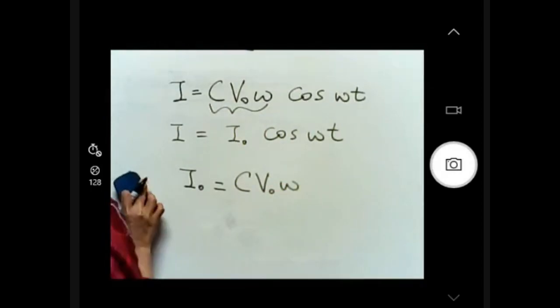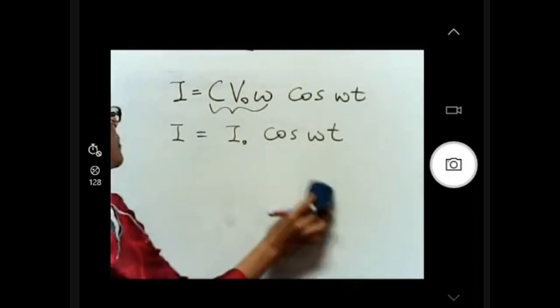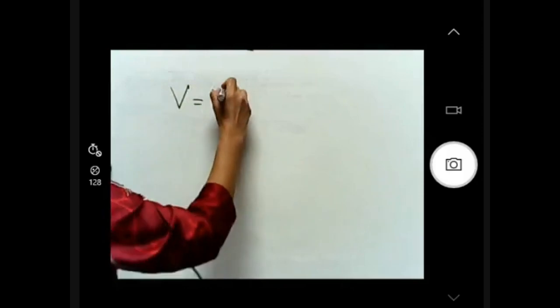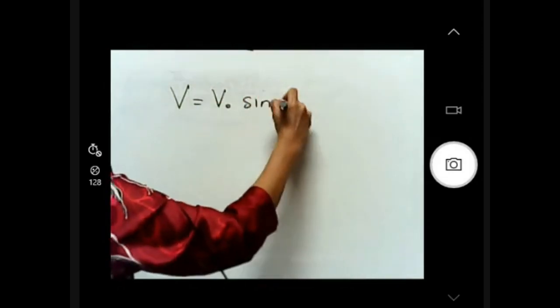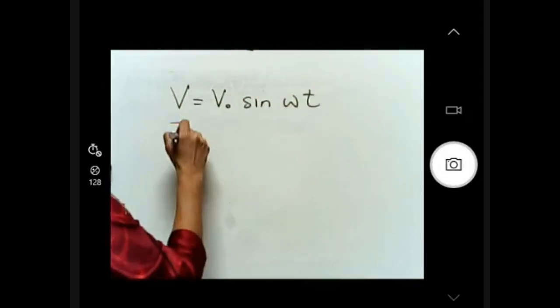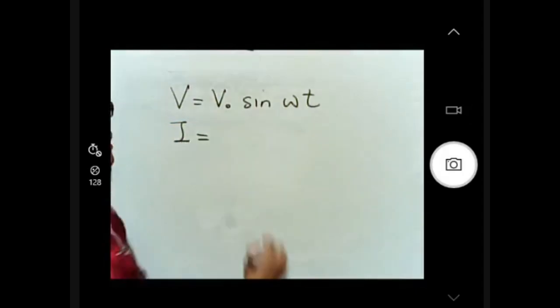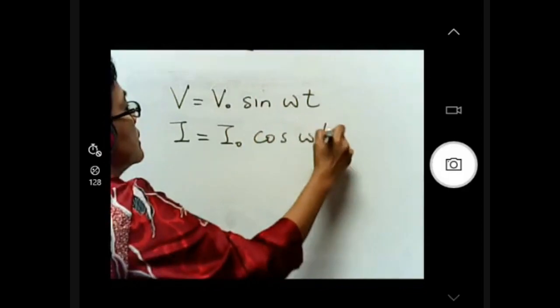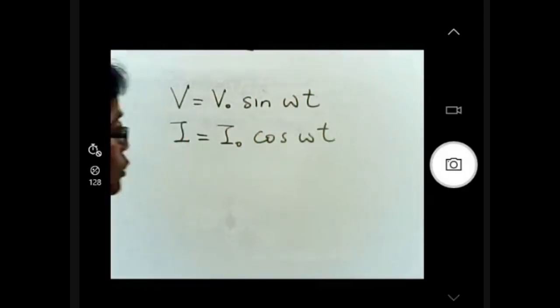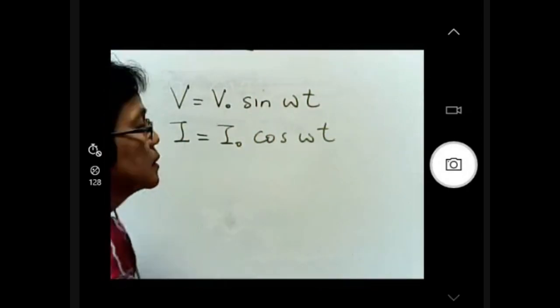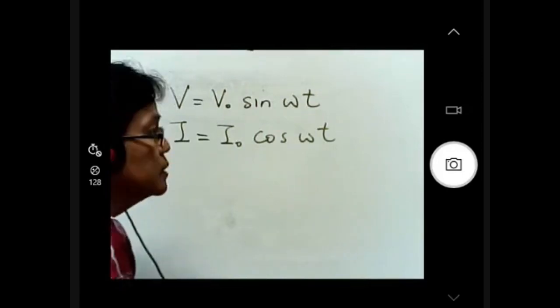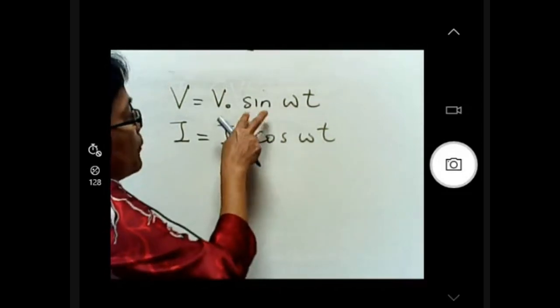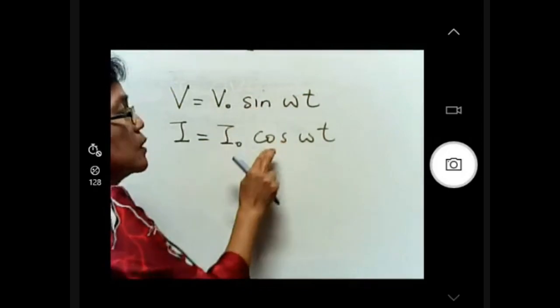Okay, let us analyze the two equations first before we go further. That means we started off with V equals V naught sine omega t, and then our current will be I naught cos omega t. So in order to compare the phase angle or phase difference, we cannot compare using sine function and cos function.